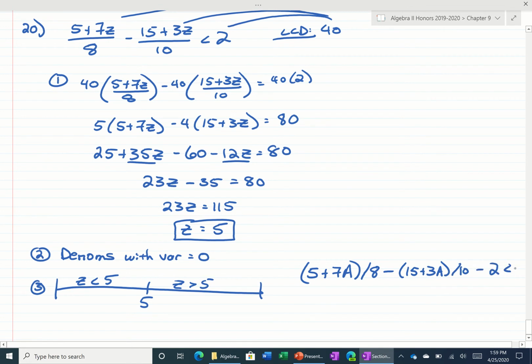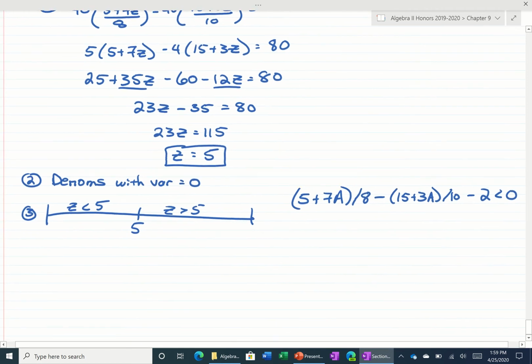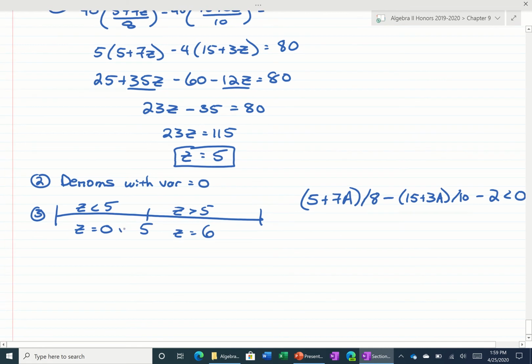And I'm going to bring the 2 on the other side. In our calculator, we always want to make sure that it's 0 on the other side. And if we pick a number less than 5, like let's say 0, and let's say z would be 6. 0 would work, 6 would not.